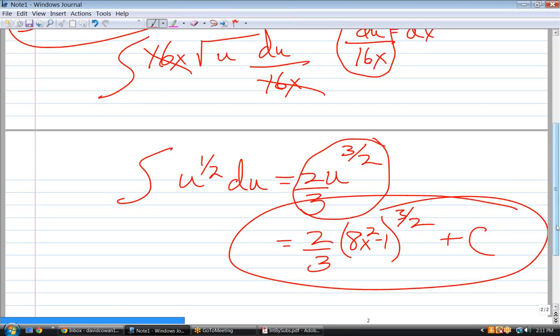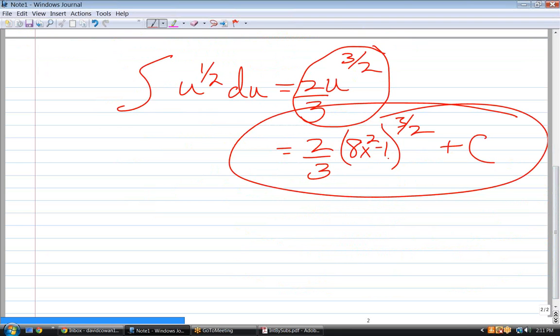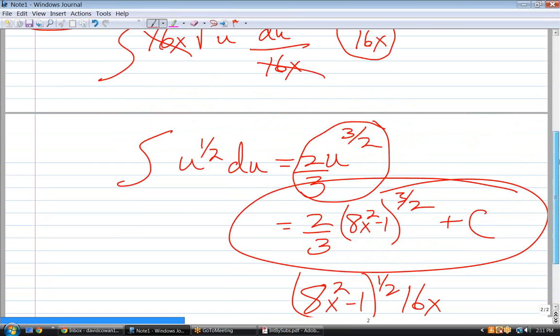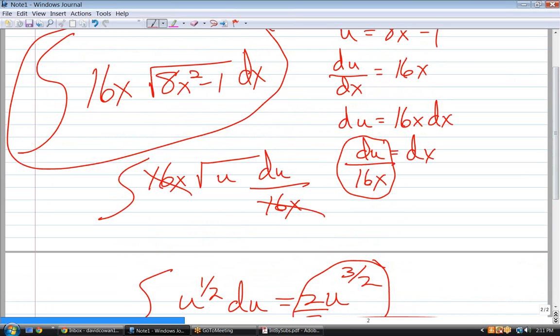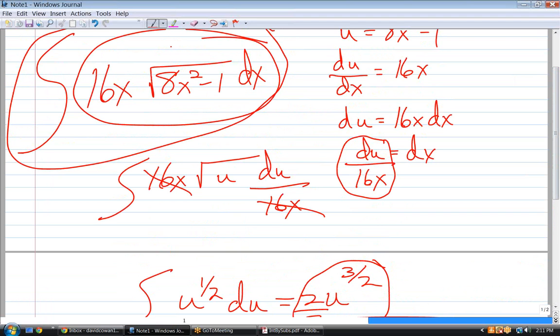And if we take the derivative of this, you will notice we get, applying the chain rule, times 16x, which is what we started with. That's what we were trying to integrate.